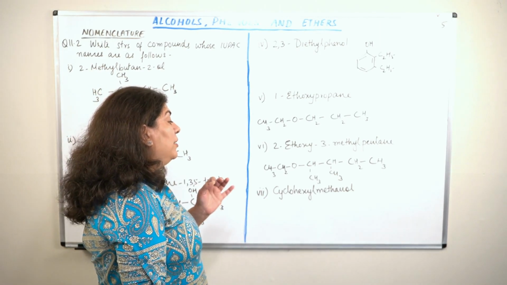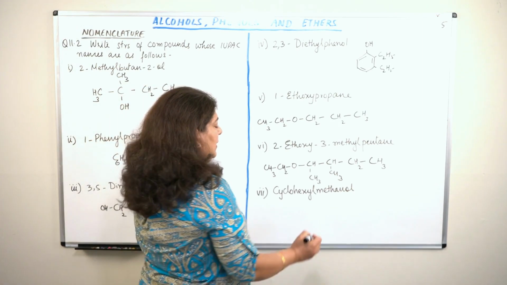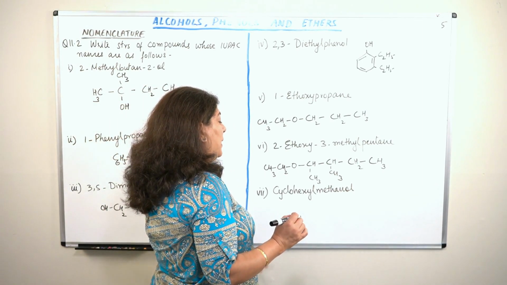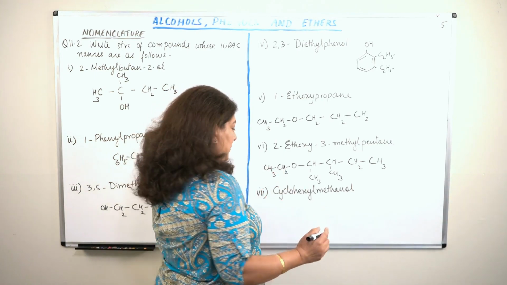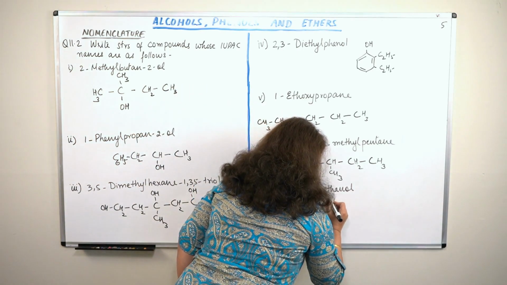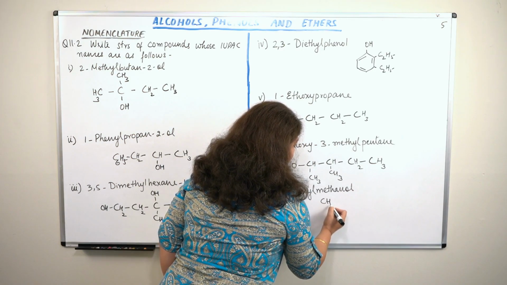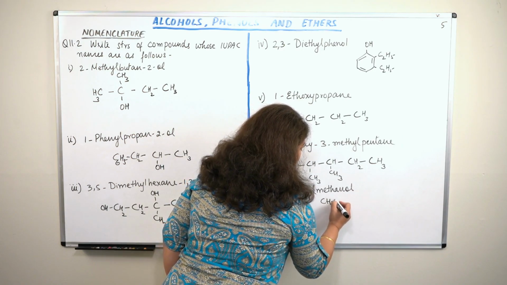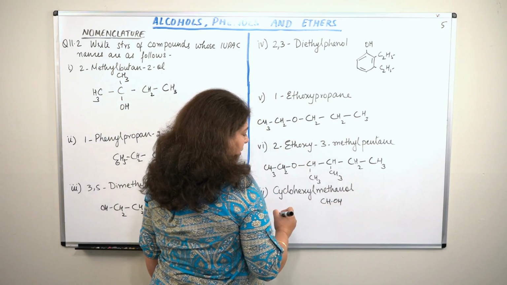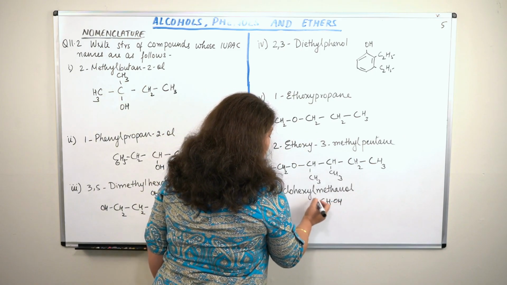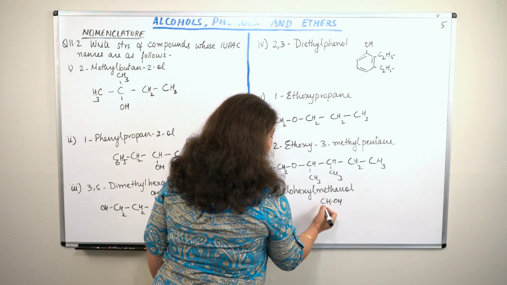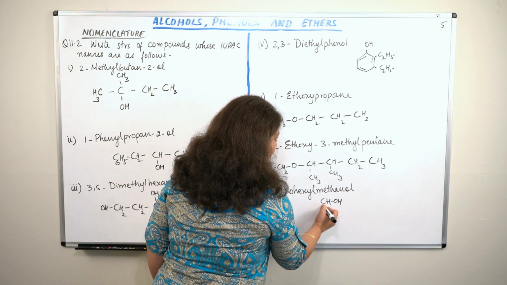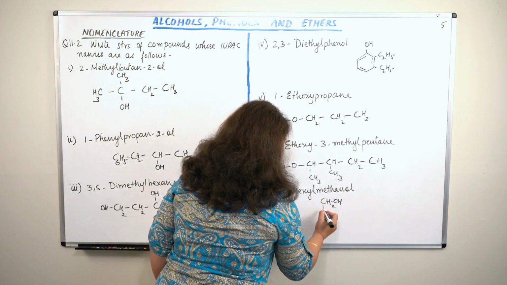Cyclohexyl methanol. Methanol is CH3OH, but CH4 is methane, right? CH4 is methane, but to CH4 the ol has been attached, so CH3OH would be methanol, but one of the hydrogens has cyclohexyl, so instead of CH3, now you have CH2, and what is attached to it?